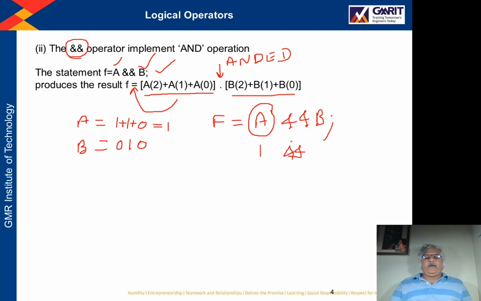In case of B, again 0 or 1 or 0. So this will also give me 1. And in between, now this 1 will be ANDed with this 1, and you will get a result 1, and this will be assigned to this F.